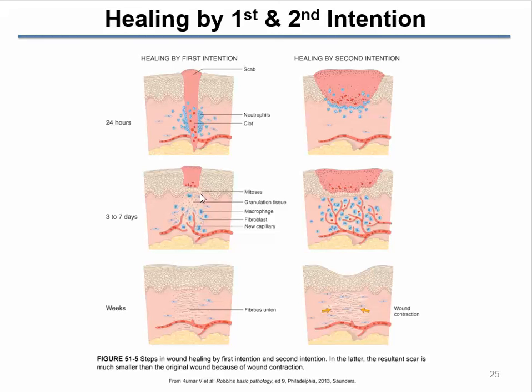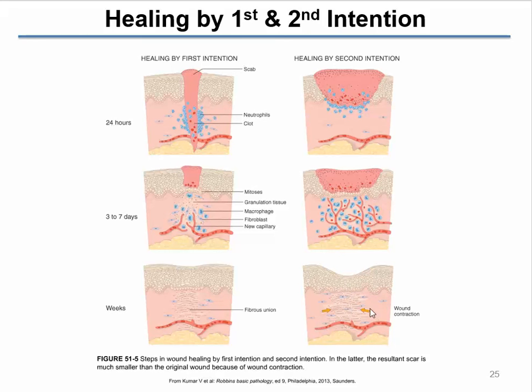When we have something like first intention, most of the time hair follicles and other structures probably aren't damaged, and it heals up, and the sweat glands and everything are fine. In second intention, this area has an epithelium that covers it.